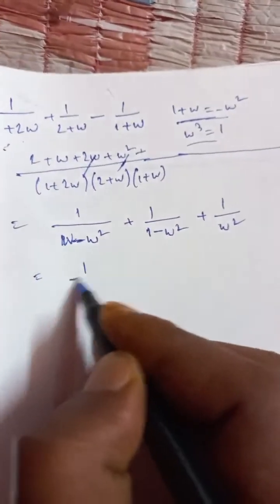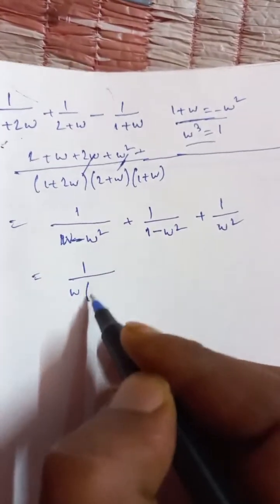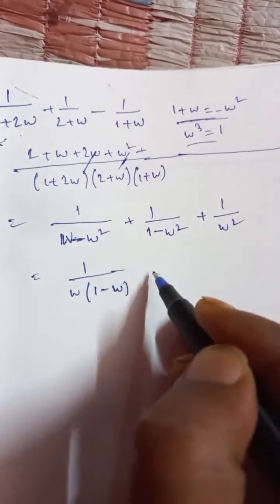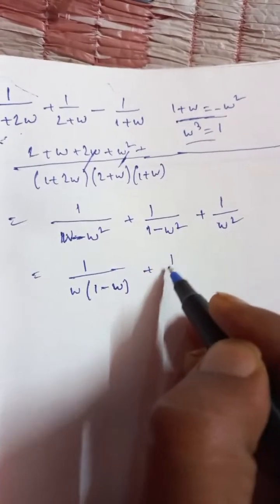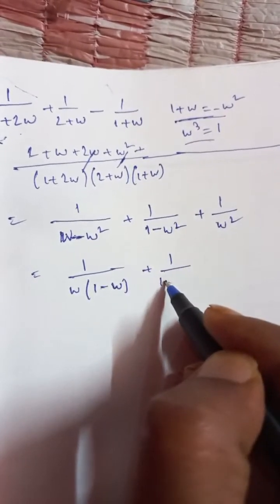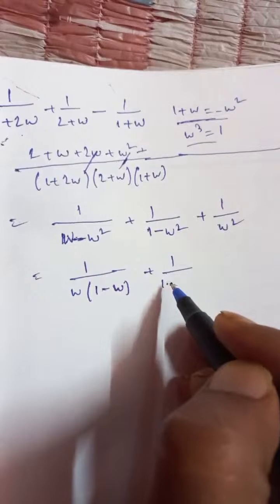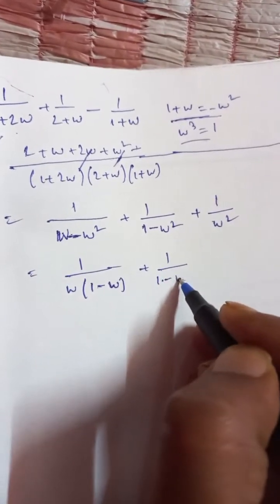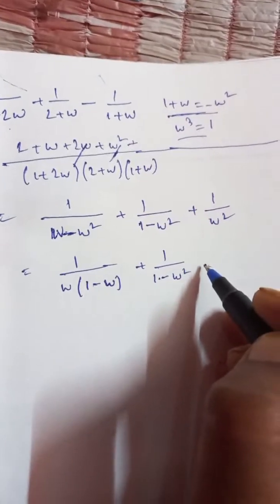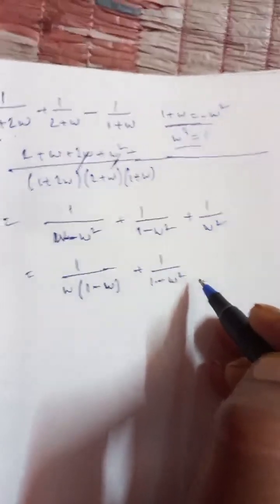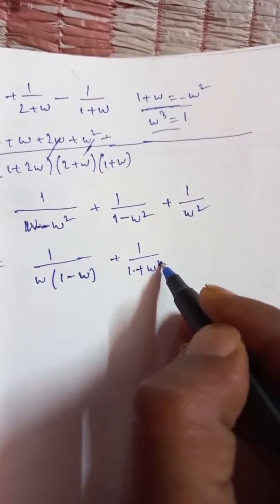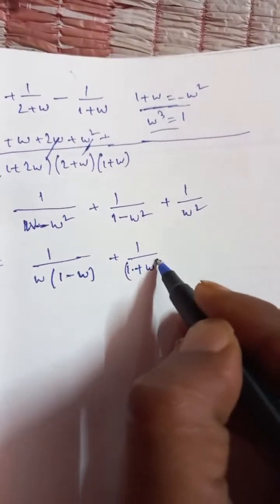So it can be written as omega minus 1 minus omega. Here we can write 1 by 1 plus omega, 1 minus omega square, 1 plus omega multiplied by 1 minus omega.